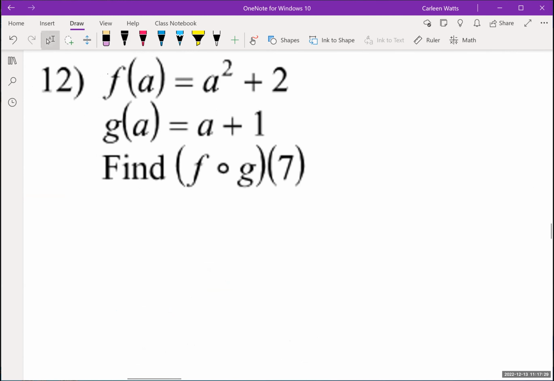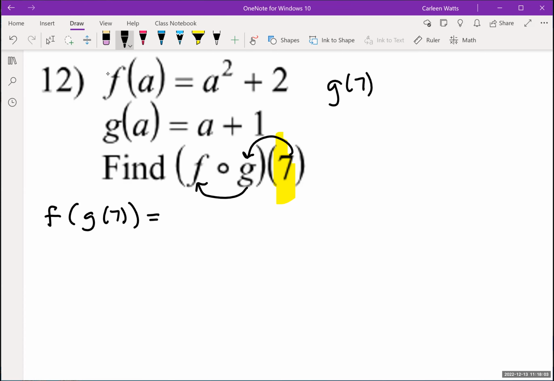Number 12. Now we have a donut, but the good thing is it's not that bad because we have a number. When it's X, it's more work. So I'm going to take 7, plug it into G, get an answer, and plug it into F. So that donut is F of G of 7. So I need G of 7. G of 7 is what?